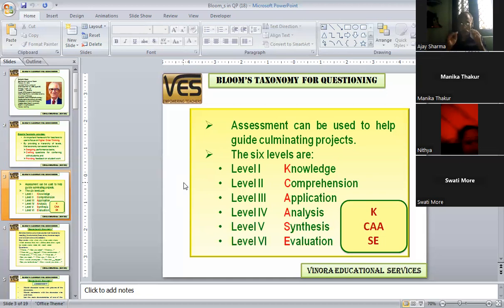So to learn Bloom's taxonomy in making question paper, you must first learn what the 6 levels are. From the lowest level we start, that is knowledge, then comprehension, then application, analysis, synthesis, and evaluation. And for the purpose of learning by acronyms, you can learn K का से.